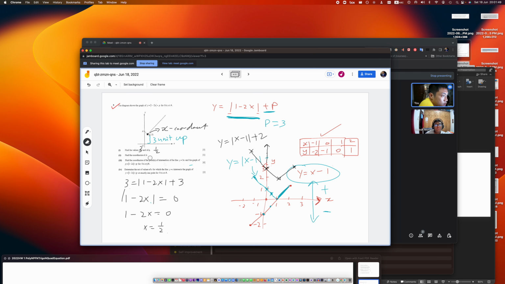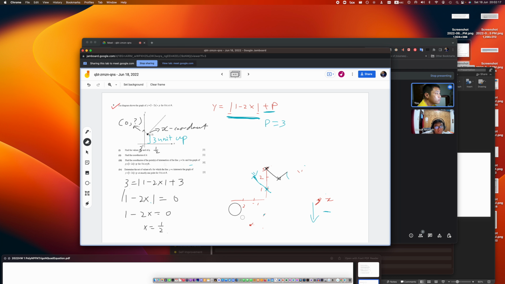Now find the coordinate of A. Pretty easy also. At this point x is equal to 0 and y equals something. So the coordinate for point A, which is here, is 0, comma something. We need to substitute in the value and figure it out.